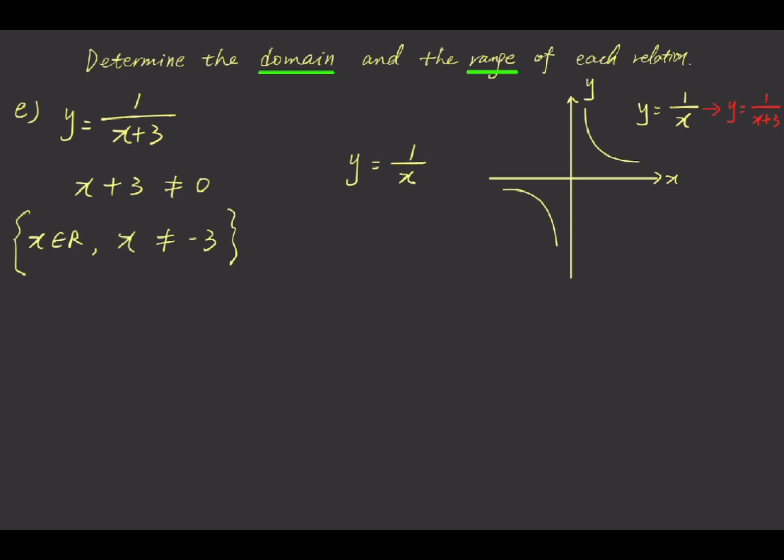We need to translate the graph of this relation to the left by 3 units. So here it should be negative 3. The new branch should be like this. In fact, this is the point of symmetry for these two red branches.